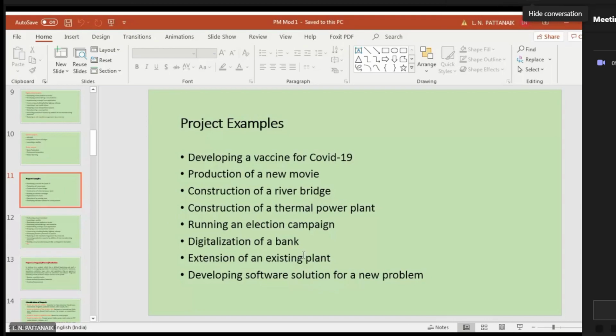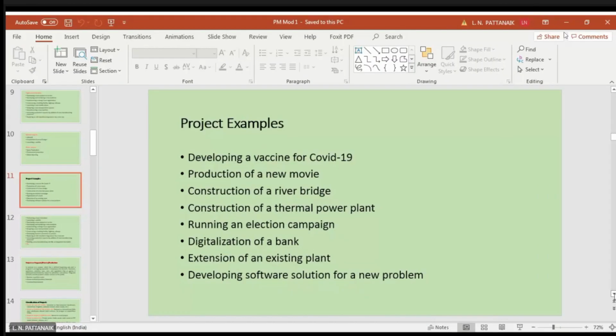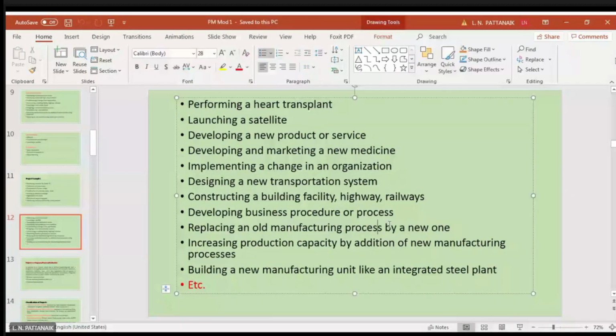So these are some of the examples of projects, and there are a few more. Let me show you. Performing a heart transplant is a project. Of course, it may not look like it, but yes, because it is satisfying all the characteristics of a project.